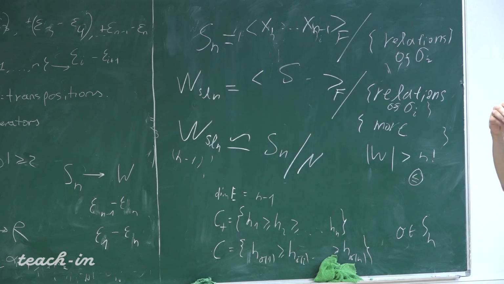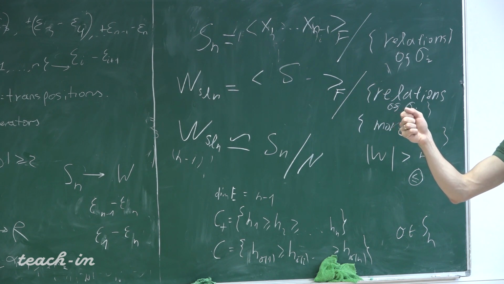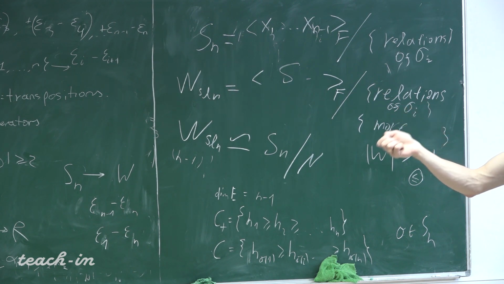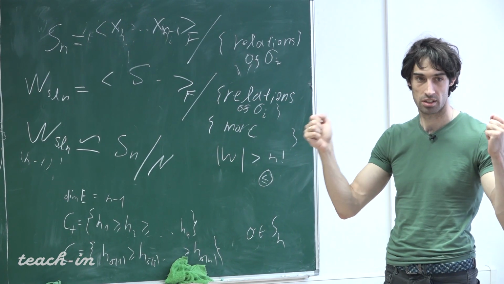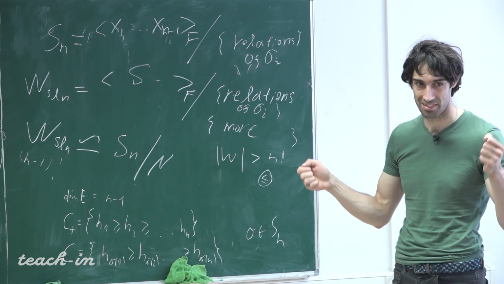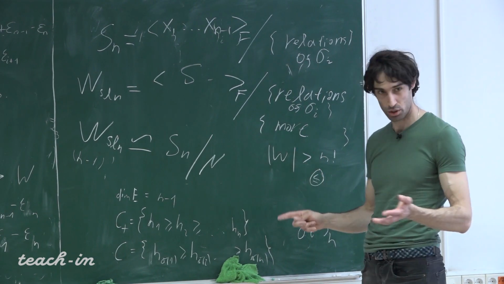Simply transitive means that if I have one Weyl chamber and another Weyl chamber, I can have an element that connects them, but this element is also unique. Okay, and if I know this, then it is true.